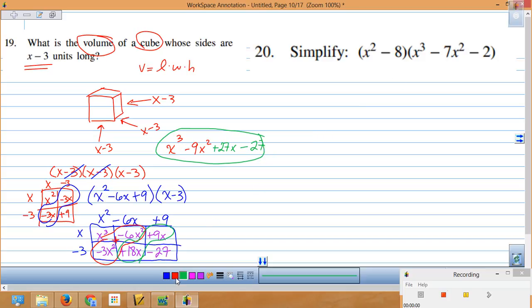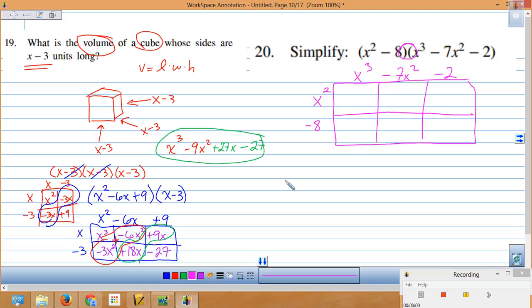Okay? So we look at this one. It's very similar to what we just did. Notice how you have a polynomial times a polynomial. It's multiplied in the middle, so you do x squared and negative 8 down the side. Then you've got x to the third minus 7x squared minus 2. Draw your box. X squared times x to the third is x to the fifth.